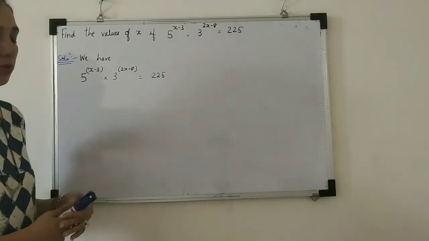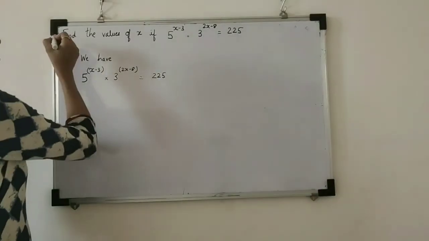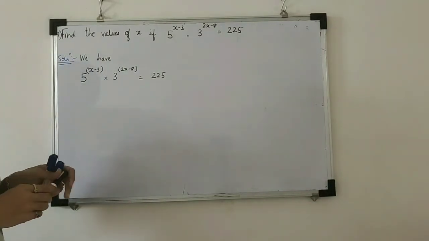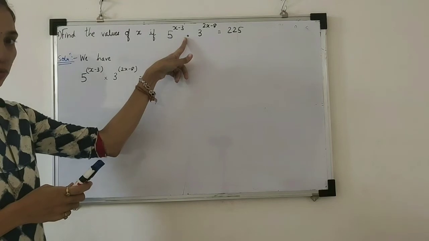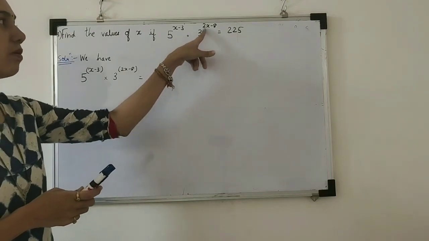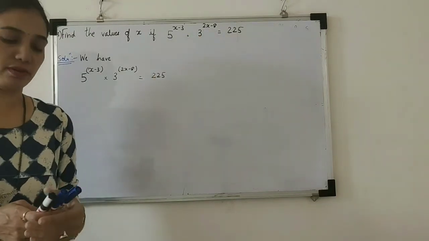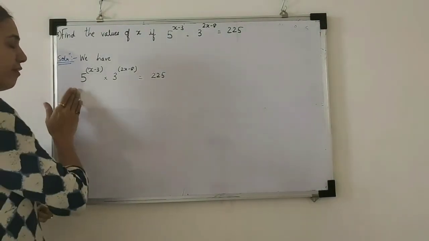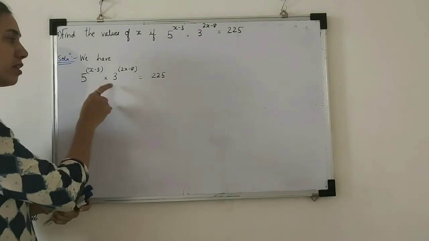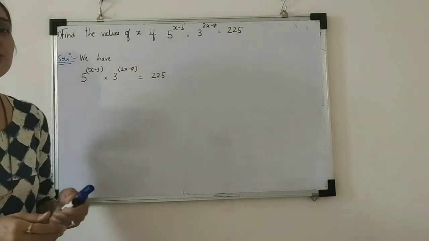Now the last problem of this exponent, the fifth one. Find the value of x if 5 raised to x minus 3 into 3 to the power 2x minus 8 is equal to 225. So if you see on the left hand side, the primes are 5 and 3 and on the right hand side it is 225.